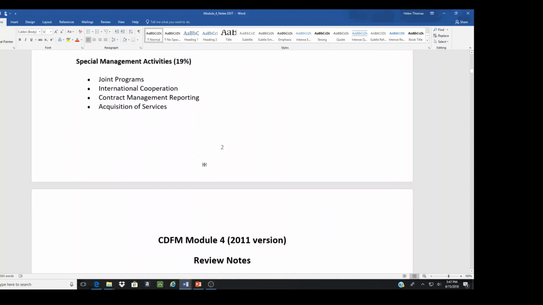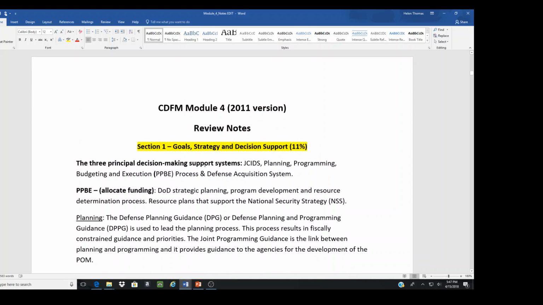All right, so I'm going to start with section 1 today, and then subsequent videos will continue the review of CDFM Module 4. As you can see, I'm using the 2011 version of the study guide, just in case it changes, so you'll know which one this is for.